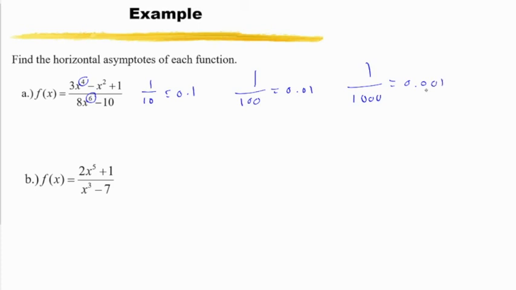We're getting closer and closer to 0. So this has a horizontal asymptote at 0. That means that the limit of f of x as x goes to infinity is equal to 0, because that's the horizontal asymptote.